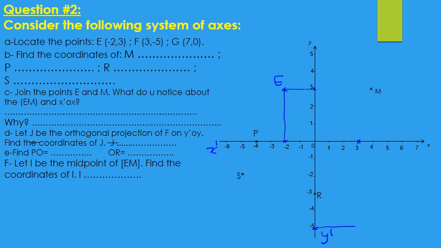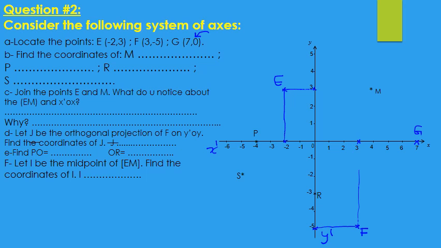Also we draw orthogonal projections as we said, and where they intersect, they give us the location of F. G has (7, 0), so it has an abscissa 7. As we said before, when any point has an ordinate 0, it belongs to the x-axis, so G will be on the x-axis.